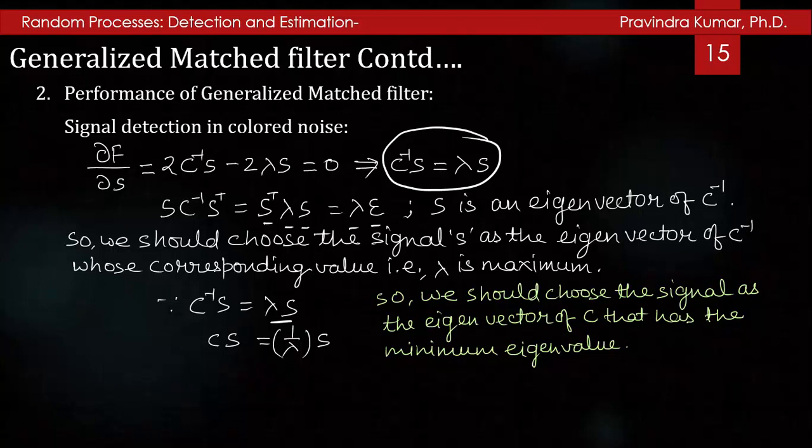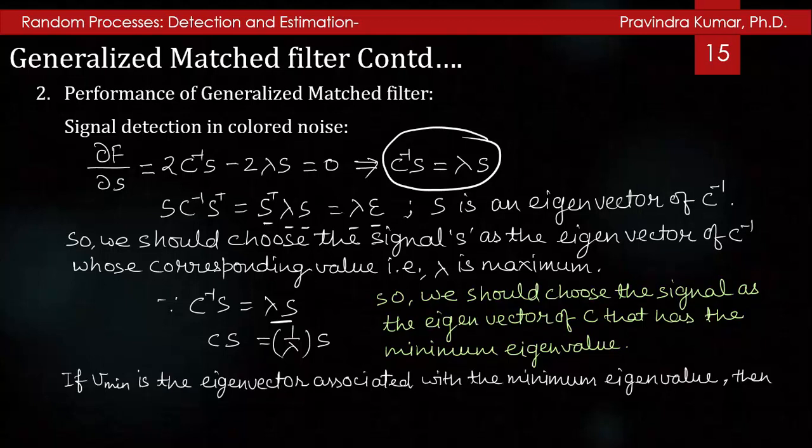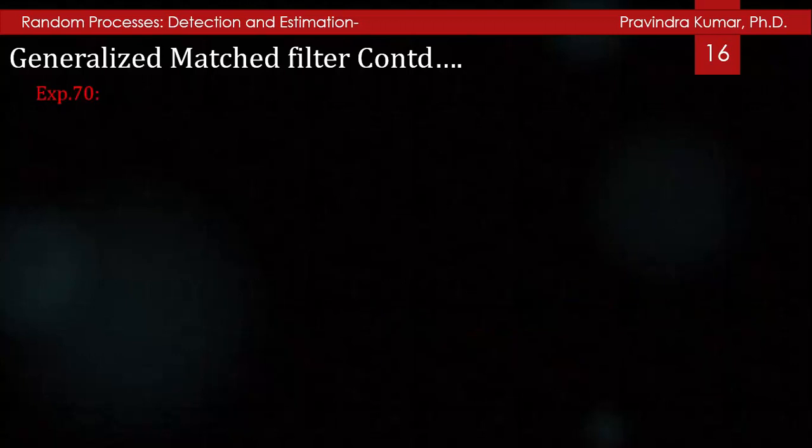If V minimum is the eigenvector associated with the minimum eigenvalue, then S will be square root of epsilon times V minimum. The scaling enforces the energy constraint, since the eigenvector is assumed to have unit length. Now let us take one example.